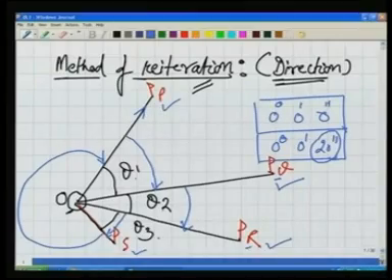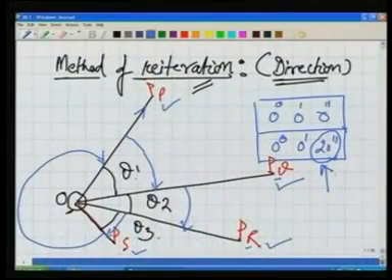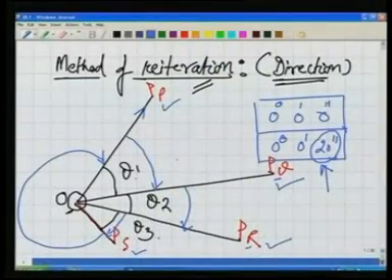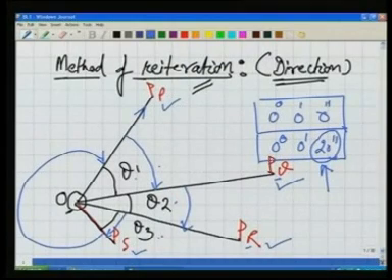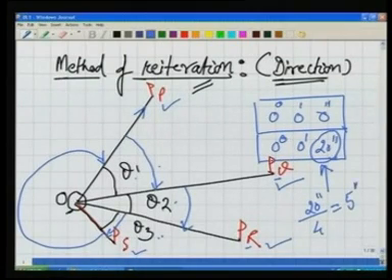So in method of direction, method of reiteration, if this error is small, as in this case, and of course depending upon the kind of survey we are doing, we distribute it. 20 seconds can be distributed in theta 1, theta 2, theta 3 as well as in angle S, O, P. So 20 seconds divided by 4 is 5 seconds. We will distribute this 5 seconds to each of these angles. So we are correcting our observation for this misclosure.